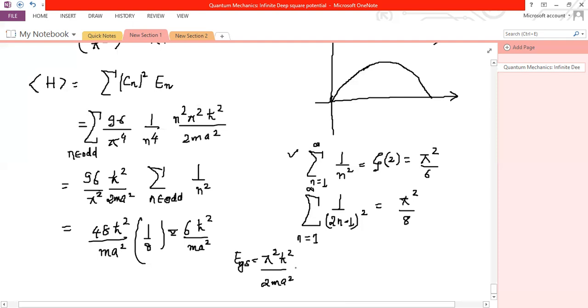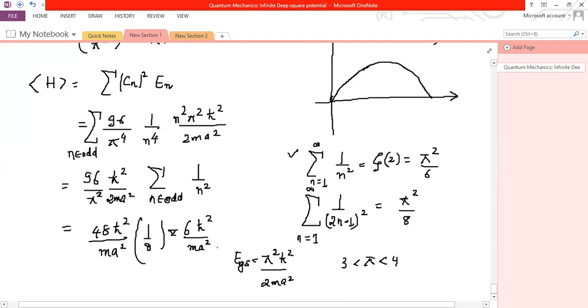So this particular value would be around 4.5 to 5 h cat square upon ma square, because pi lies between 3 and 4 only. So this is somewhere close to ground state energy only. You can find that it's not very far away from the ground state energy.